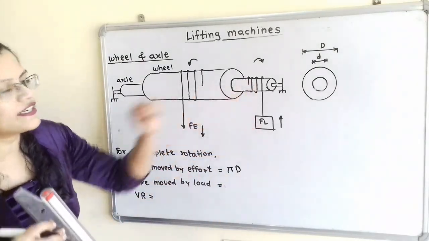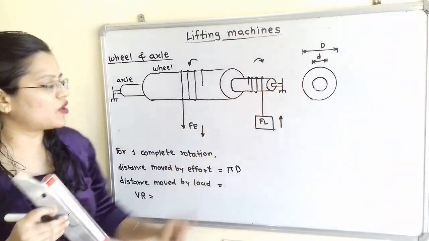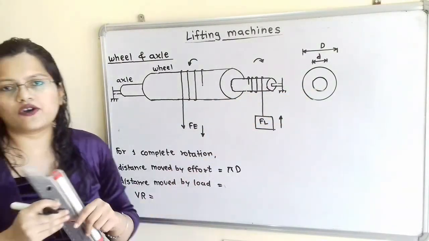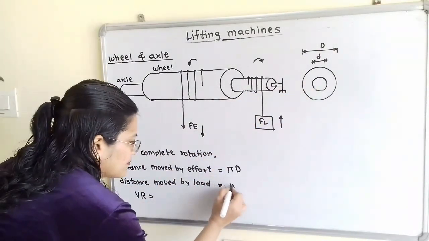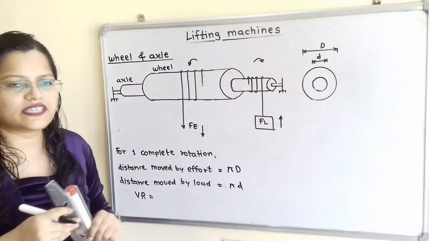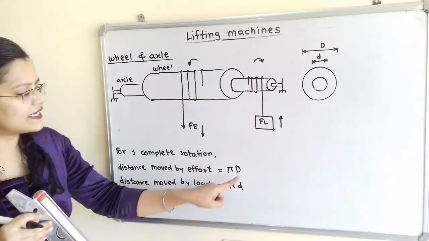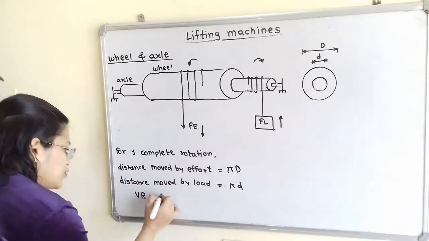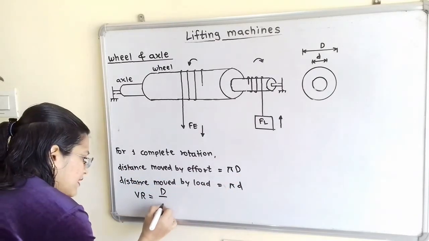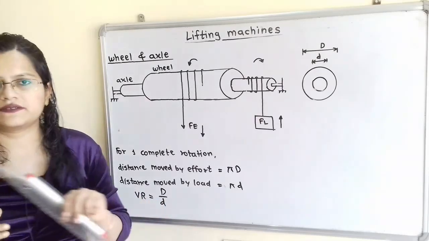So load is connected to the axle with diameter small d. So distance moved by load is pi into small d. So this ratio, that is pi D divided by pi d. So this pi is getting cancelled. So velocity ratio is equal to capital D divided by small d.